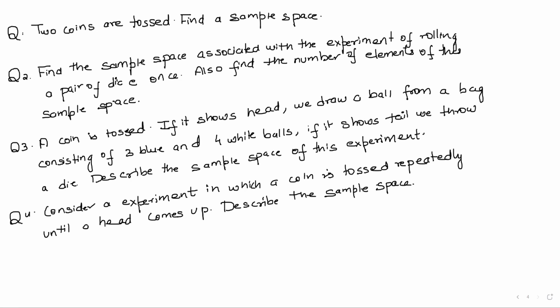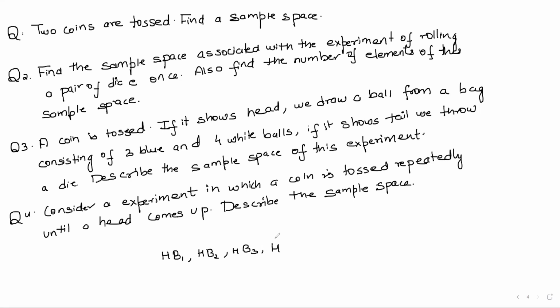Sir, how will the third one be done? Number three: a coin is tossed which shows the head. We draw a ball from a bag consisting of 3 blue and 4 white balls. So let the blue balls be represented as B1, B2, and B3, and the white balls W1, W2, W3, and W4. If it shows a head, we draw a ball from the bag. So suppose we get B1, we get a head and B2, a head and B3.